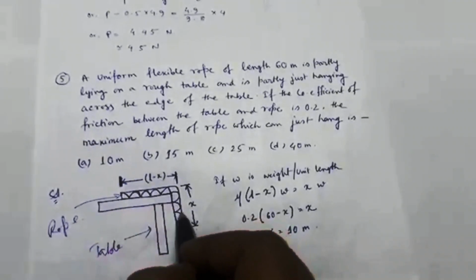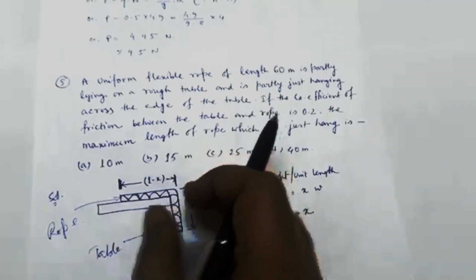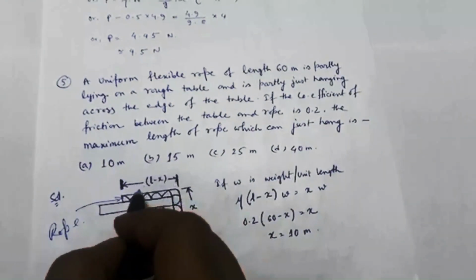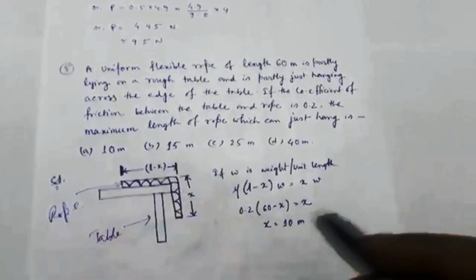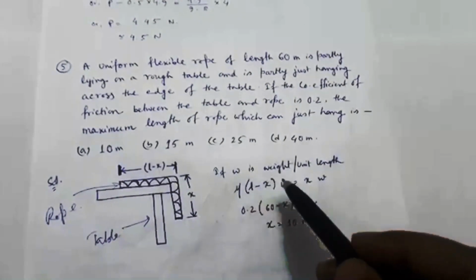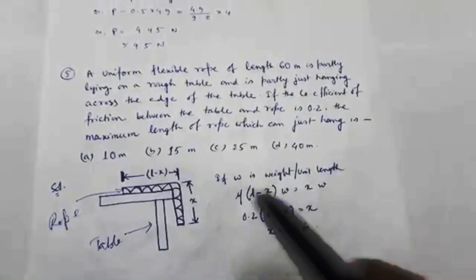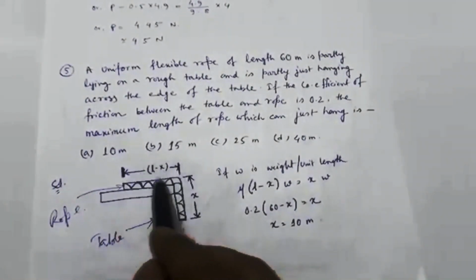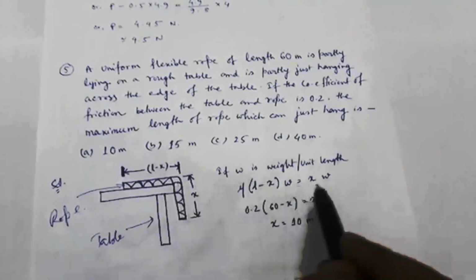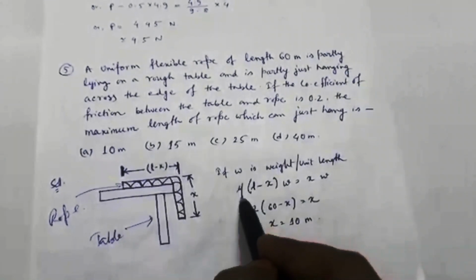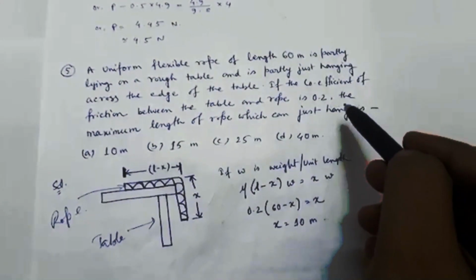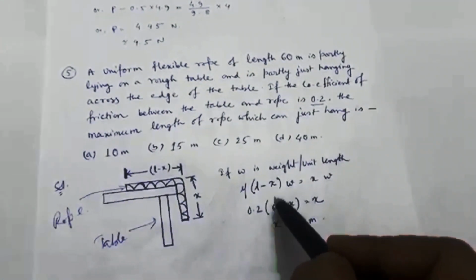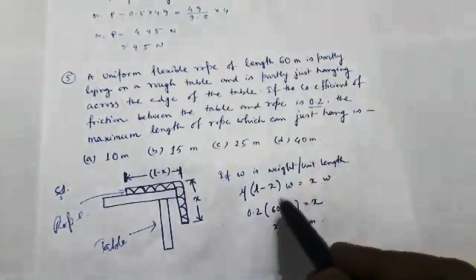The total length is L. If W is the weight per unit length, then for this condition, mu into L minus x into W equals x into W. Mu is the coefficient of friction, which is 0.2, and L is the length, that is 60 meter.